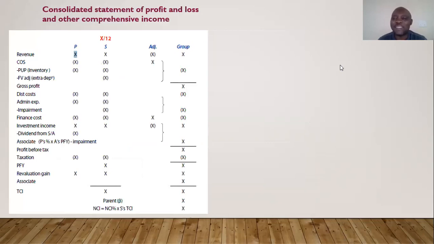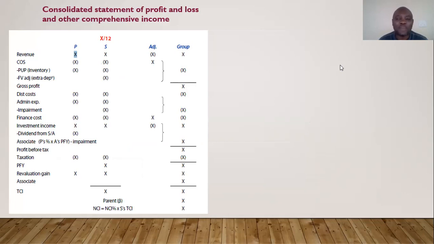The income statement, when you're dealing with group income statement or statement of comprehensive income or profit and loss and other comprehensive income, it's very basic. That's by following the rules that are supposed to be followed under group transactions.